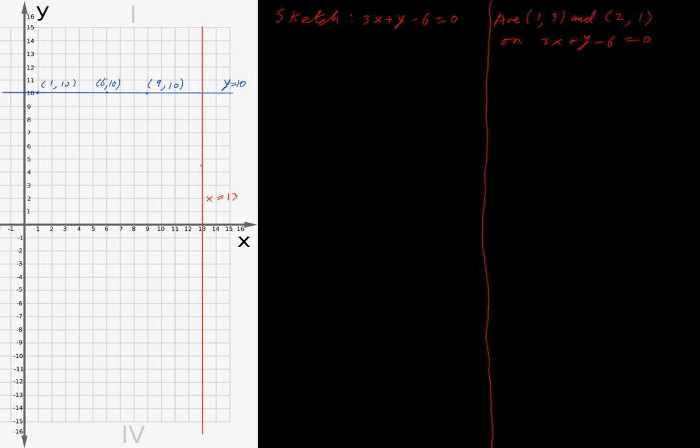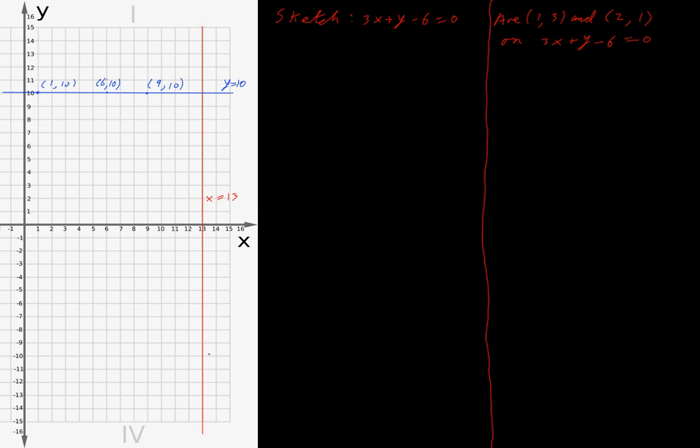Any point that we pick on this line has a different y, but every single one of the points will have x equal to 13. We go in the door 13 in order to get to any point on our red line.